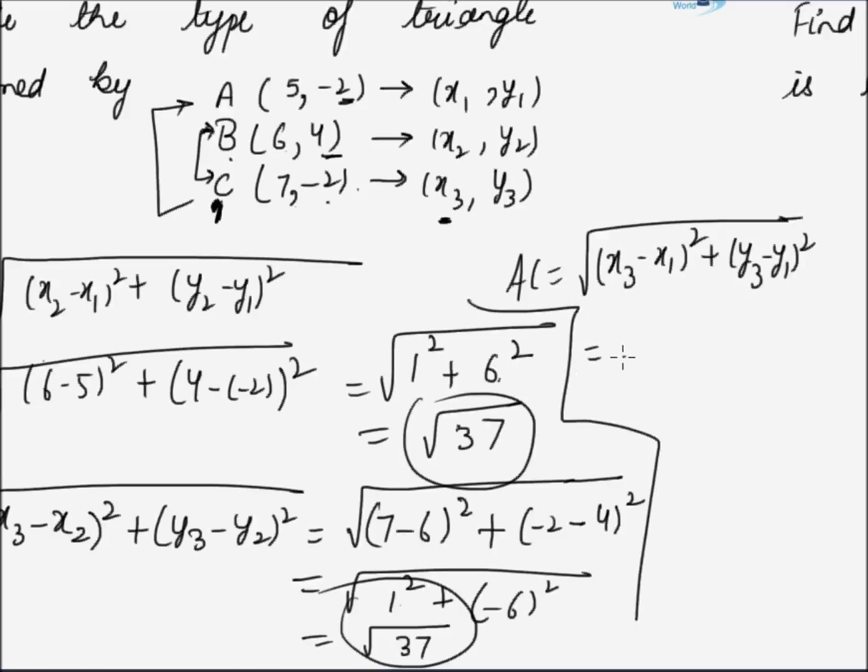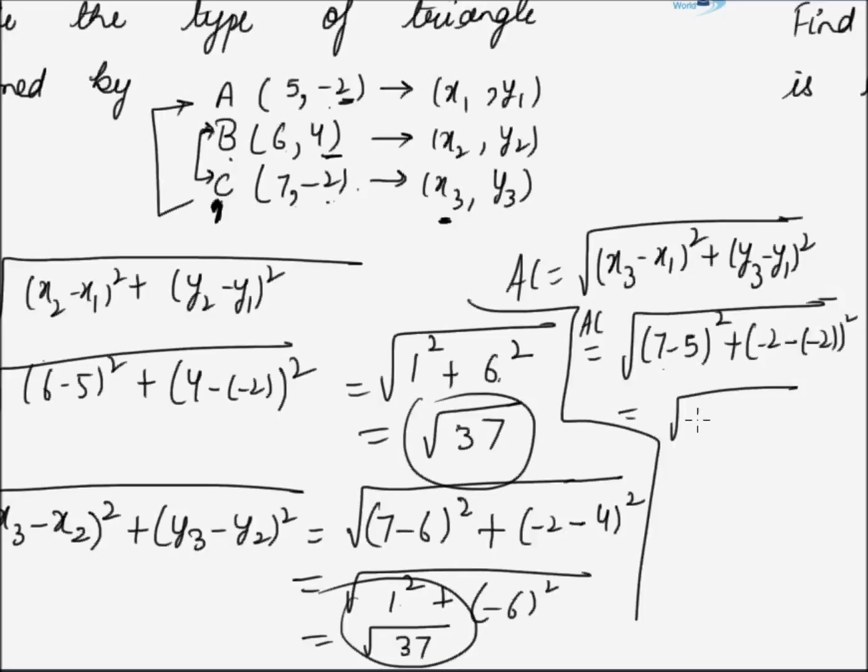So we have AC as x3 is 7 minus x1 is 5, y3 is minus 2 minus y1 is again minus 2. So we have 7 minus 5, that is 2 square plus minus 2 plus 2.